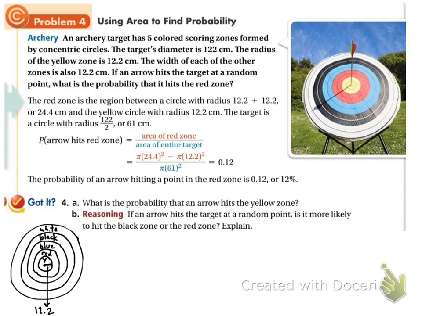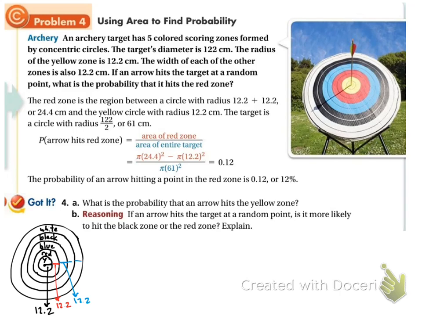So then this ring here, that's also 12.2. And so on. All of those are 12.2. So this is also 12.2. And that chunk would be, and that chunk would be.